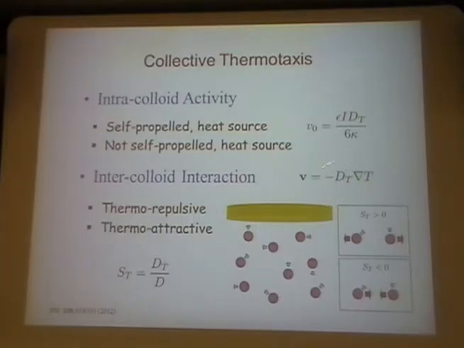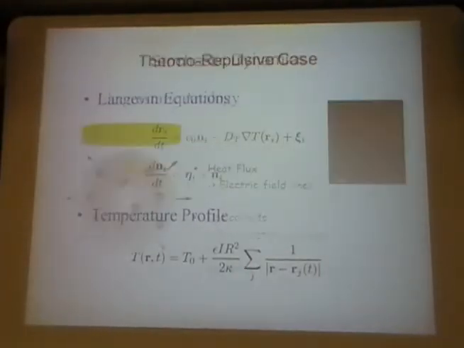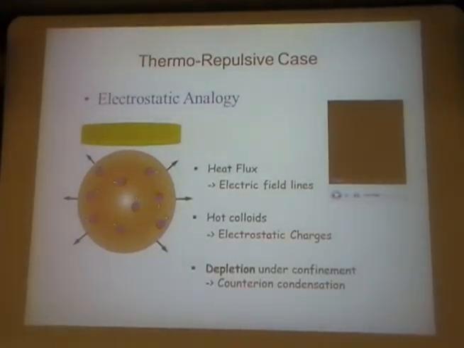And that coefficient, D_T, which is called thermodiffusion, or when you divide it by D, is called the Soret coefficient, can have both positive and negative signs. So you can have a situation in which these colloids repel each other, or a situation in which everyone attracts everyone else. Let me skip that and just show you a few numerical solutions.